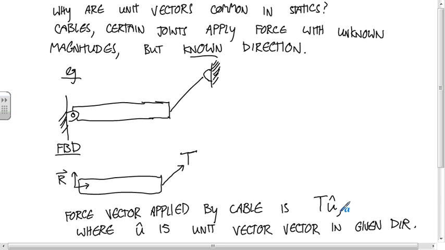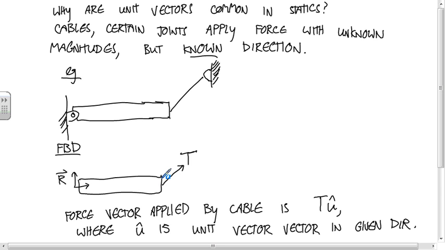Well, then if we're trying to figure out what the cable tension is here, at first thought you might think this is a force vector and we don't know either component, so we have to represent this as two unknowns, an x component and a y component. If you don't know either component, then you have to solve for both of them.